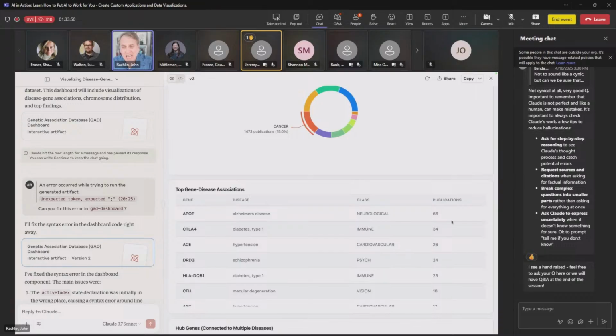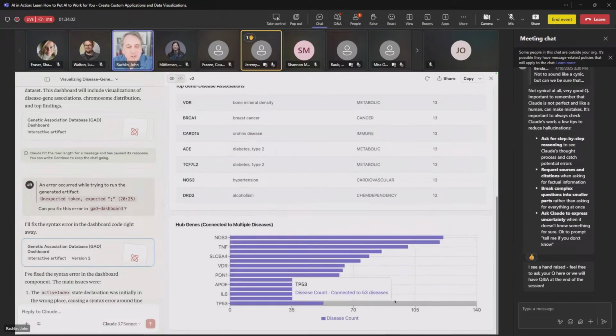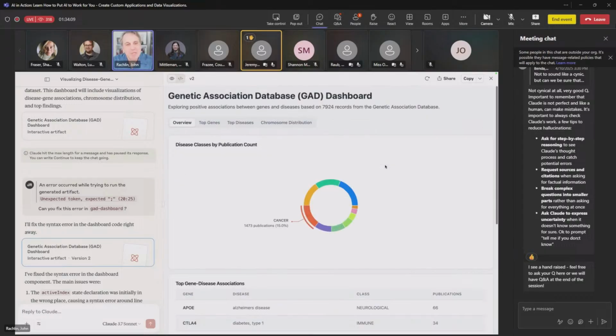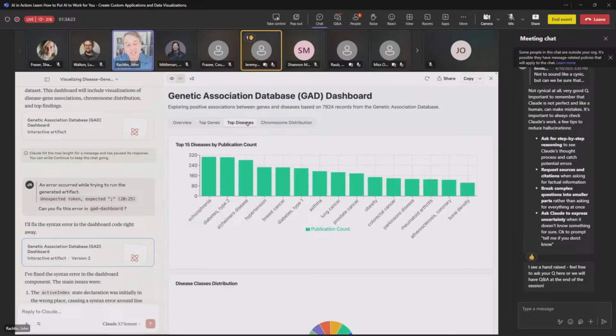And in fact, the GAD dataset included 66 publications about that association. We can identify also, if I scroll down here, genes that are frequently associated with many different diseases. All right, so this is giving me some interesting overviews about the most frequently analyzed and investigated genes, the most frequently investigated diseases.